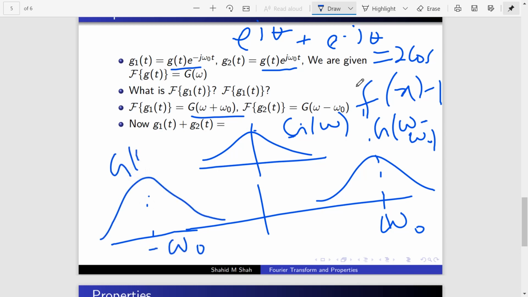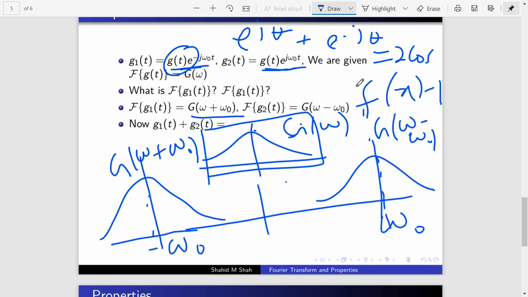This is g of omega plus omega naught, shifting to minus omega naught. So just look at it. When it was simple g of t, then the Fourier transform was here, centered around zero frequency. When you multiplied it with cos, that is, you multiplied first with e to the power j omega naught t, then e to the power minus j omega naught t, the spectrum or the Fourier transform got shifted.